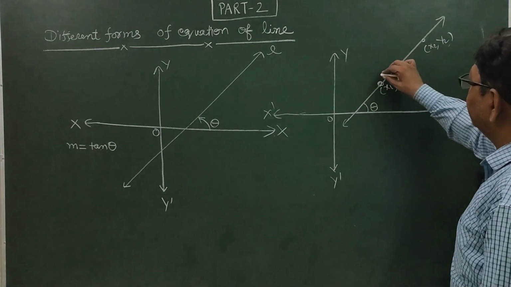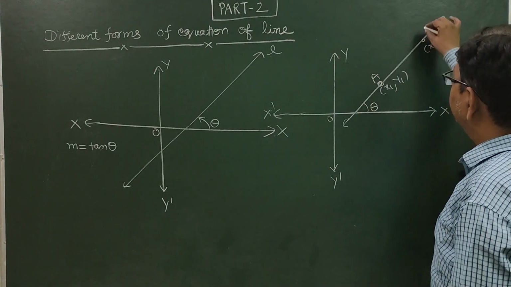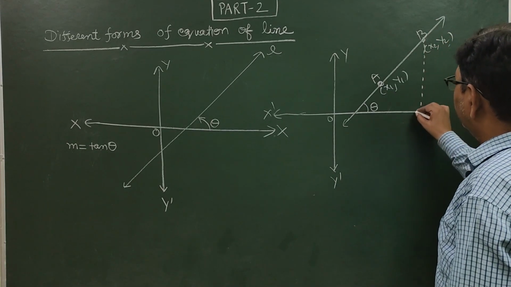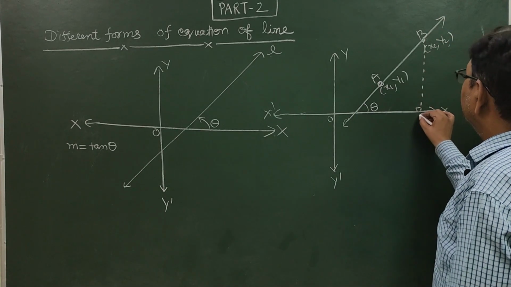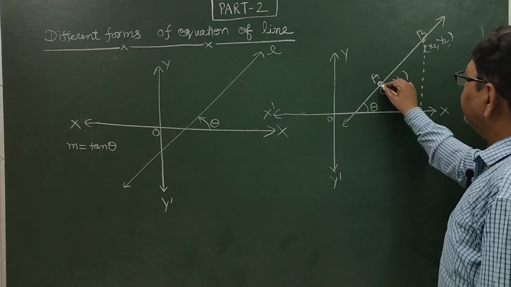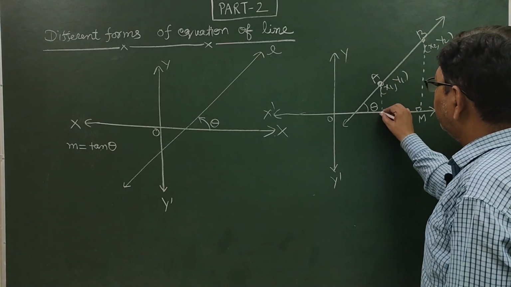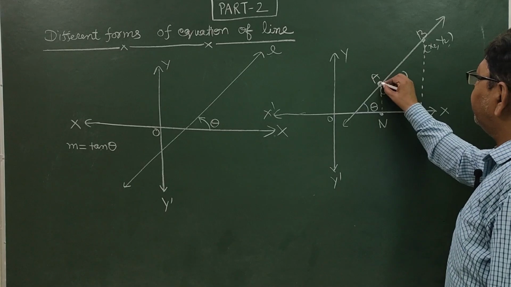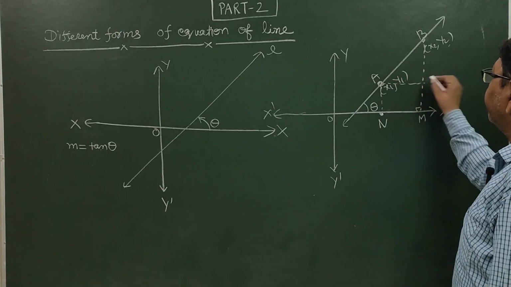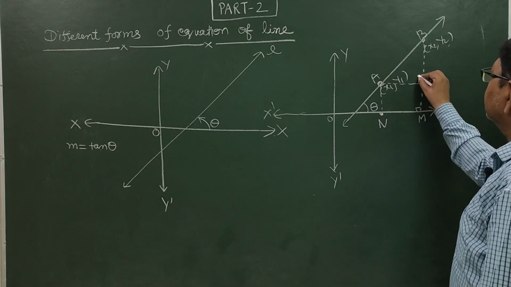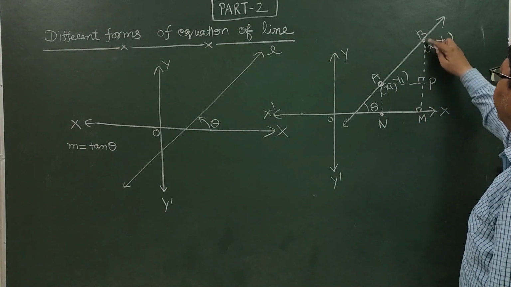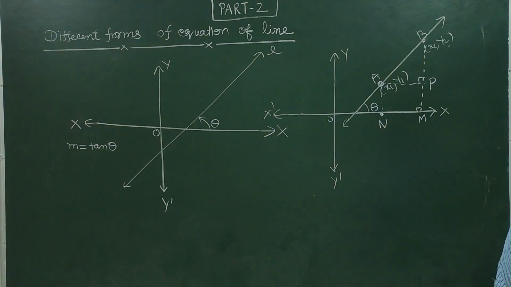Let this point be A, and this point B. From point B drop a perpendicular BM on the x-axis. From point A draw a line parallel to the x-axis, that is AP is perpendicular to BM.